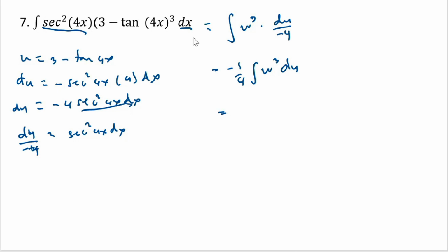So integrating that one using the power rule, we have negative 1/4 times u to the power 4 over 4 plus a constant. So simplifying that one, we have negative 1 over 16 of, the meaning of u being 3 minus tangent of 4x, to the power of 4 plus a constant.